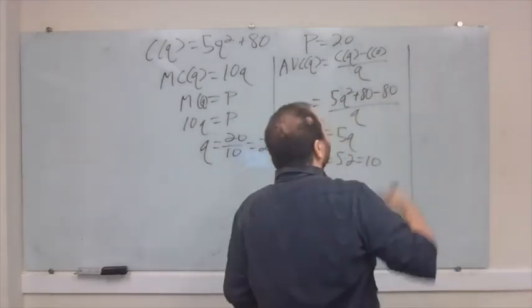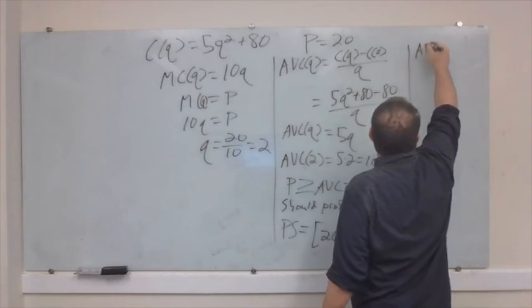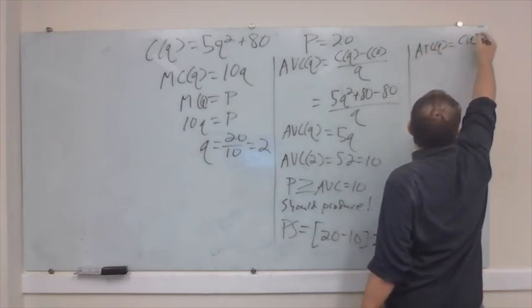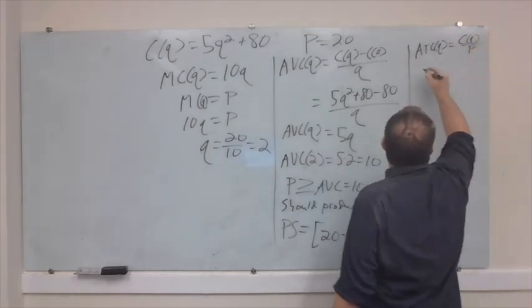Last thing we want to know, did we make a profit? We can calculate our average total cost of Q, which is just going to be C of Q over Q, right?